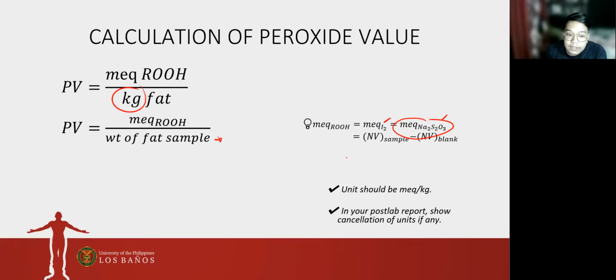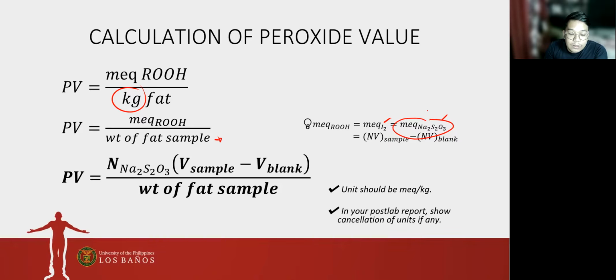And this, we can calculate this by getting the difference of the equivalence of the sample minus the equivalence of the blank. So, as you can see here, kung ano yung volume na nagamit sa sample, mas malaki naman compared doon sa volume na magagamit sa blank.